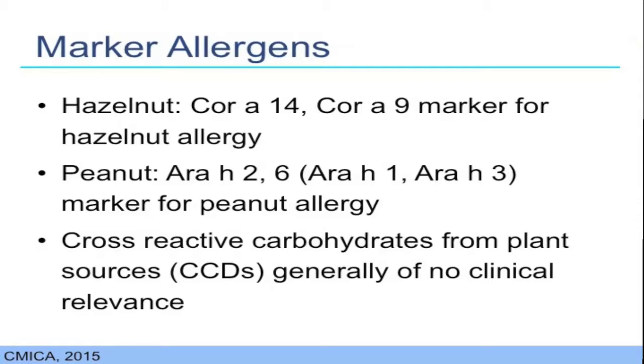So far, the data point out that the 2S albumins, RH2 and 6, are the more important allergens predicting peanut allergy, followed by RH1 and 3. And as a negative example, the cross-reactive carbohydrates are highly abundant in plant food. There, the IgE directed against these carbohydrates is usually of no clinical relevance.